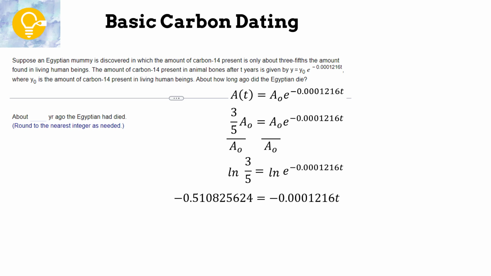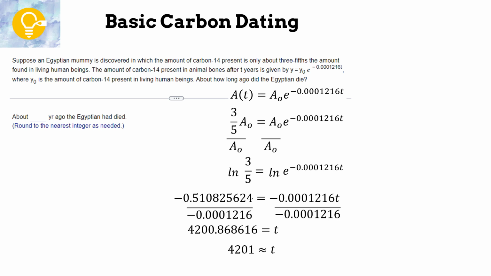The natural log of 3/5 is negative 0.510825624 equals negative 0.0001216t. Dividing by that number, we end up with 4200.868616. Round to the nearest integer as needed, and this gives us approximately 4,201. About 4,201 years ago, the Egyptian had died.